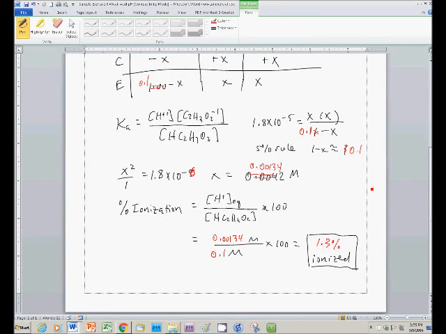So what's the basic takeaway? I think what simple thing we can say is that for weak acids, the lower the concentration, the higher the percent ionization.